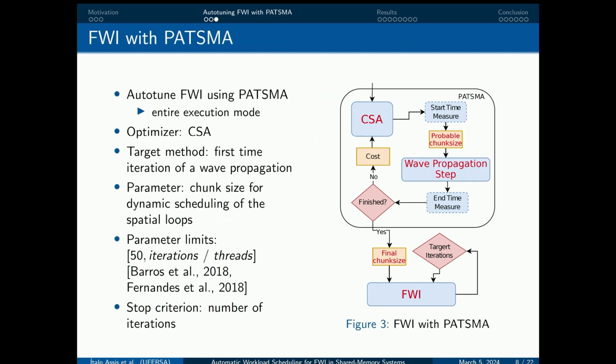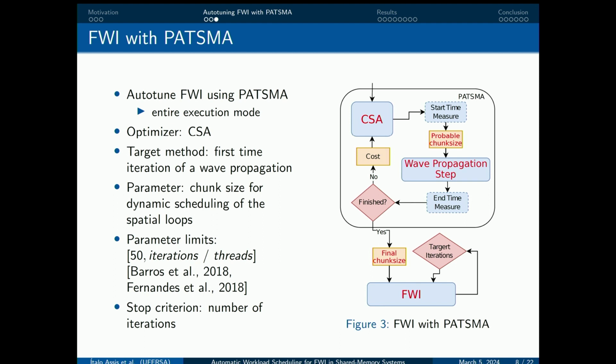Okay, now that we know Patma, here's our proposal. We propose using FWI with Patma. How do we do that? We use the entire execution mode because some of our previous works have shown that different iterations of the wave propagation have different costs. So we decided to take the first step of wave propagation as our target method.